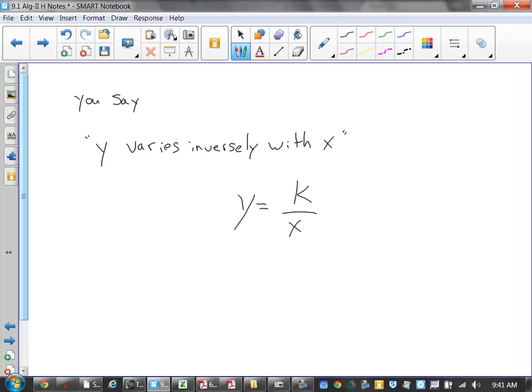Whatever. That inversely just means divided by the next variable. y varies directly means they're multiplying. Inversely means they're dividing. Will we see directly? Yeah, you'll see it mixed together because direct variation and joint variation kind of mix them a little bit together.